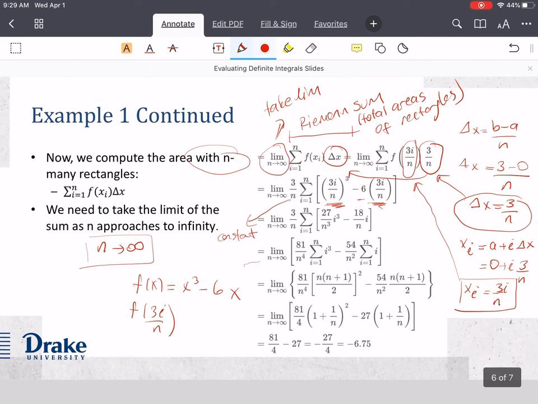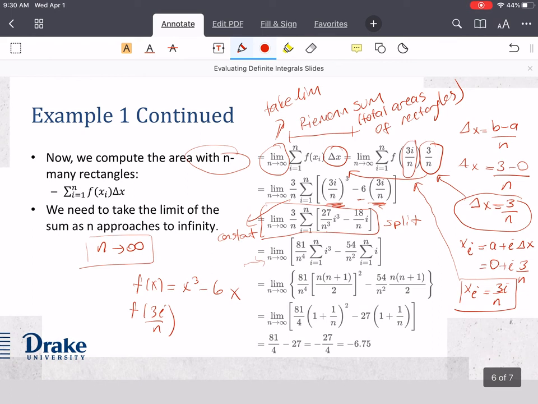Next step here, we take out all the constants. So we basically split the summation. So split, and one of the rules that we learned earlier is if you add or subtract two different terms in a sum, you can split them.